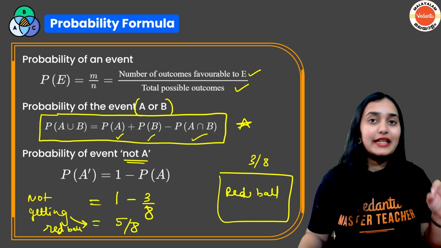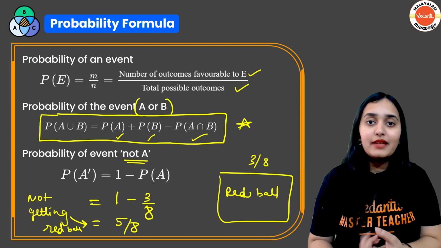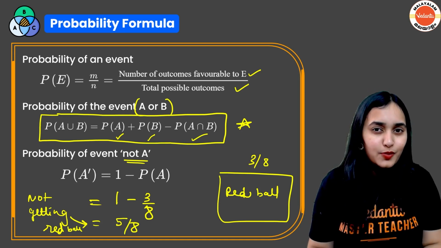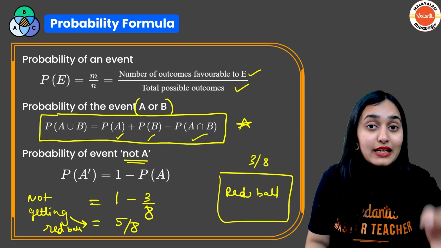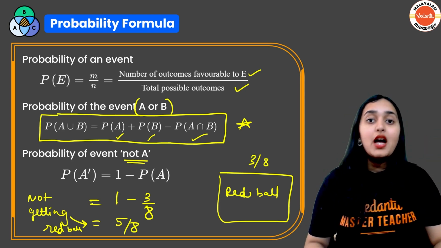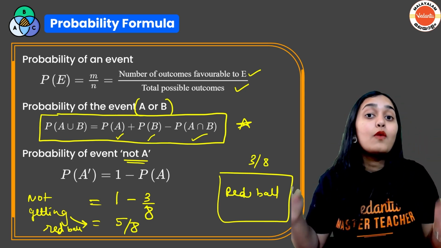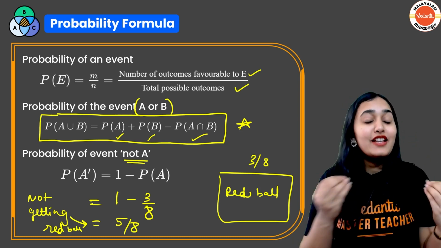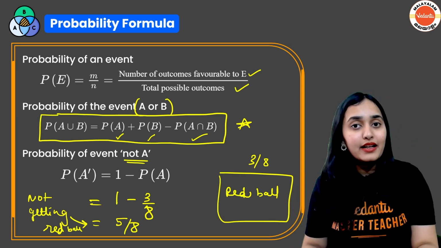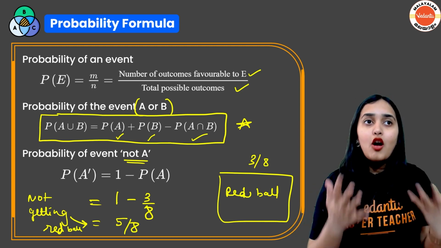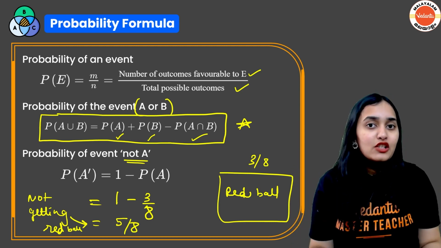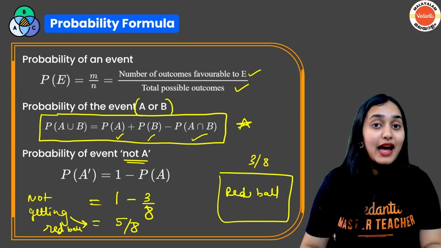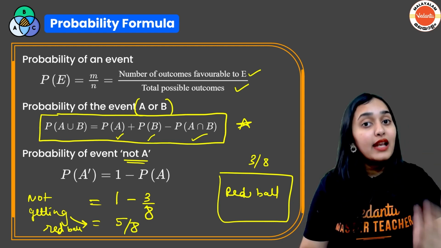Now basically till now we have seen what is probability, some basic formulas related to probability and the basic terminologies related to probability. Now in the further chapter, what all things am I going to teach you? First we will learn the different types of events, because there are a lot of possibilities of events and based on that their probability formula also changes.